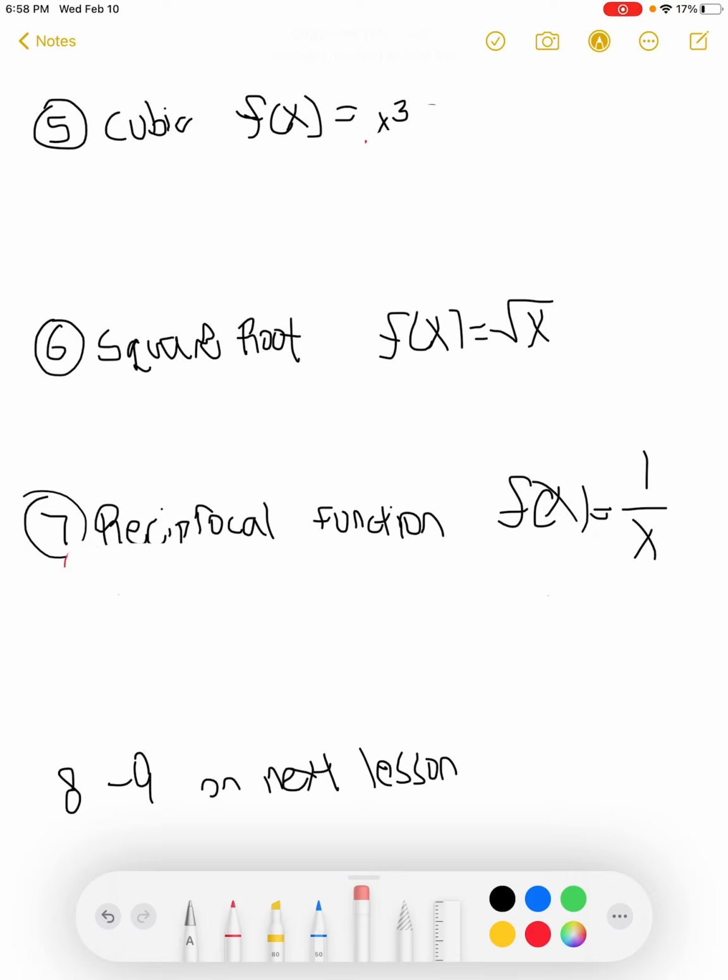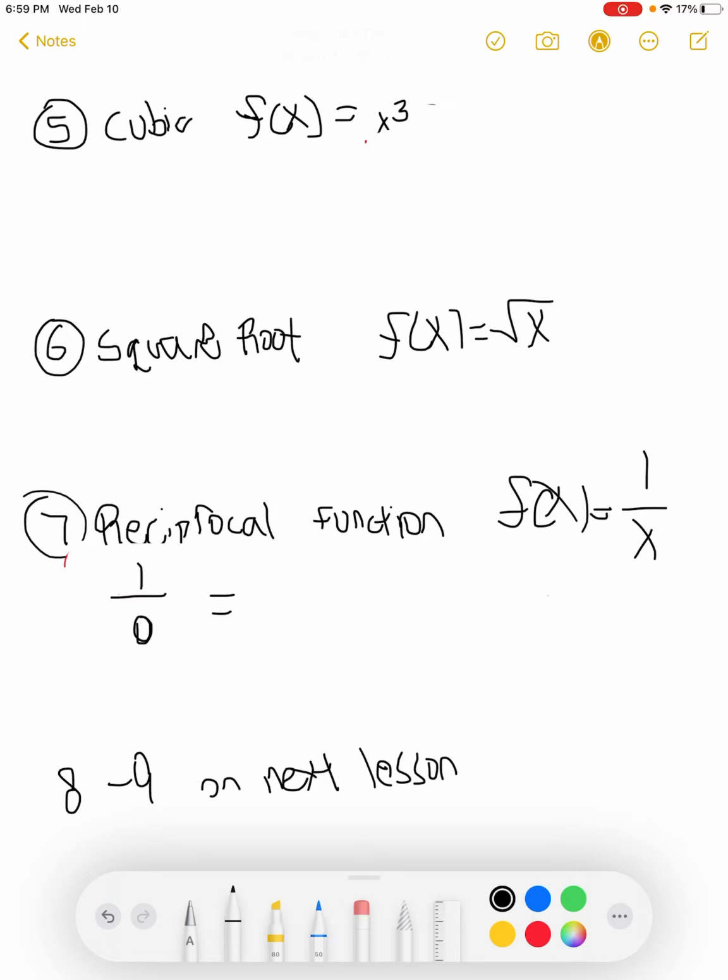What happens if it's negative? Well, it just makes the fraction negative. But what if it's 0? Well, let's see. If x was 0, we would put a 1 over it. Oh, but that's not a thing. You can't have something divided by 0. Just think about it this way.